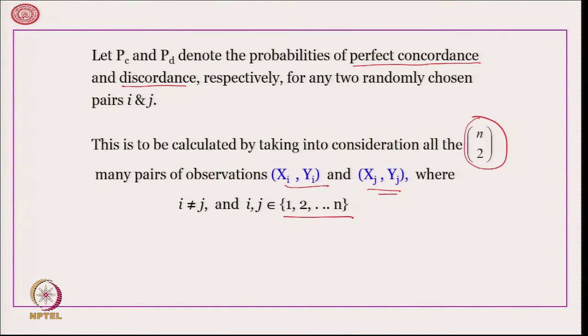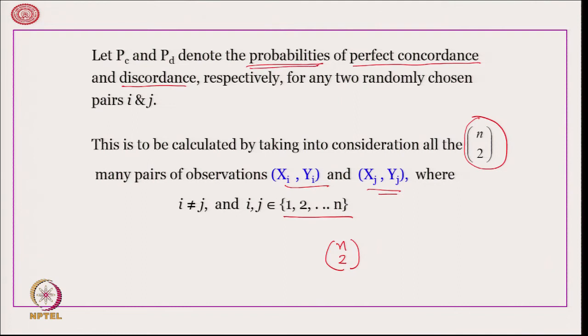Or in other words, we will consider all the nC2 many pairs and we shall try to see how many of them are concordant and how many of them are discordant. So, from there we shall try to get a measure of the probability of concordance and discordance.